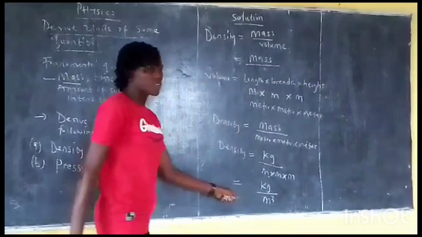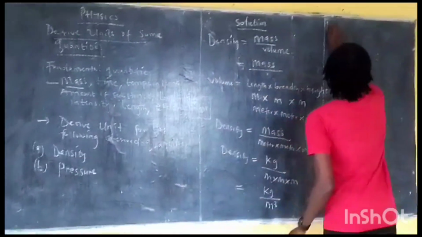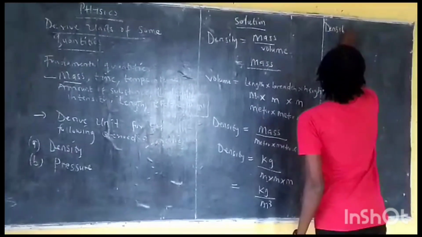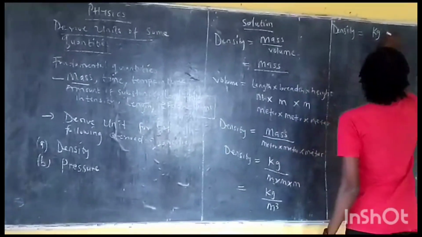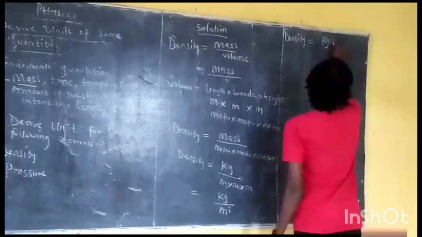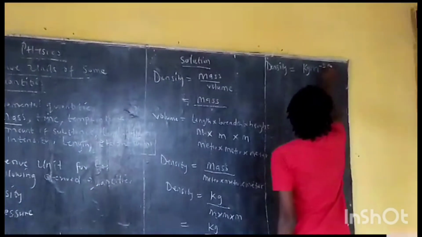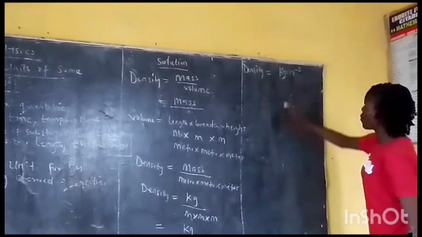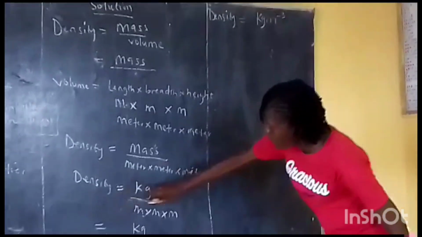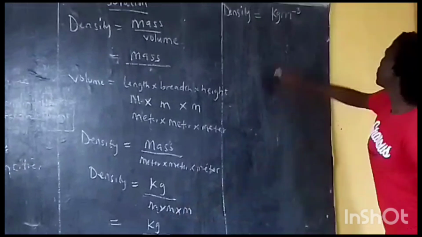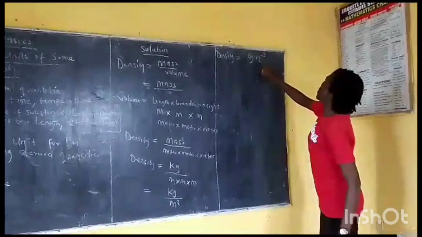So for us to express this as a unit, density is equal to kilograms per meter cube. So how do we get this minus sign? Think of this division sign here. So we have kilograms meter to the power minus 3.